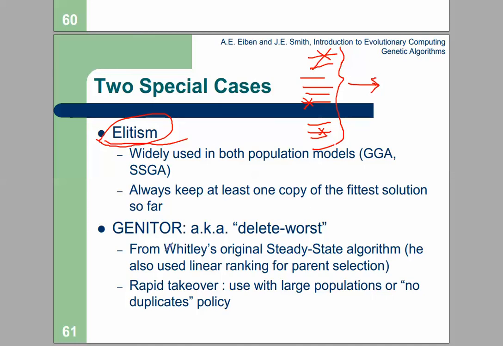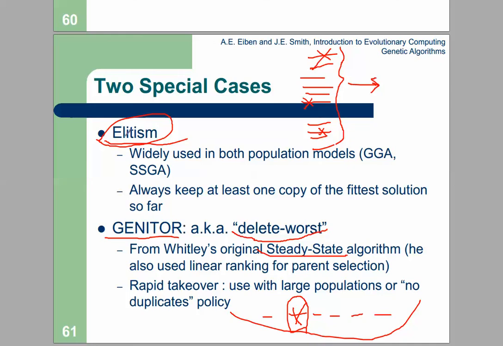Another method is genitor. Genitor deletes the worst. Each time we calculate the fitness of all of the population and delete the worst or lowest fitness. It is a steady state algorithm because only one element is replaced in each loop.